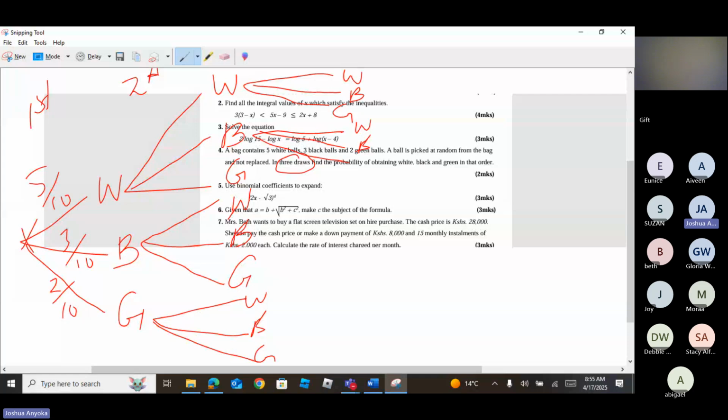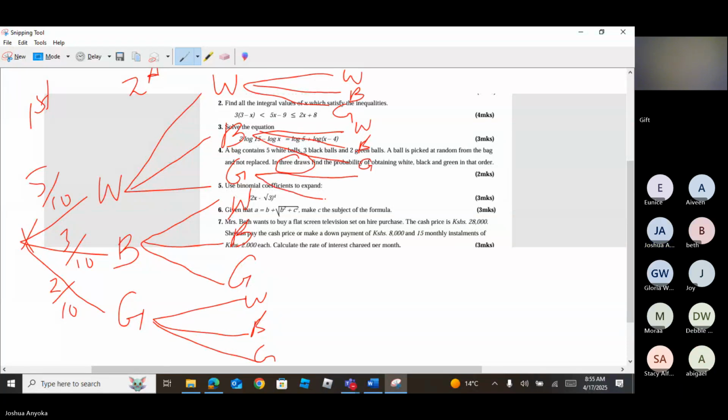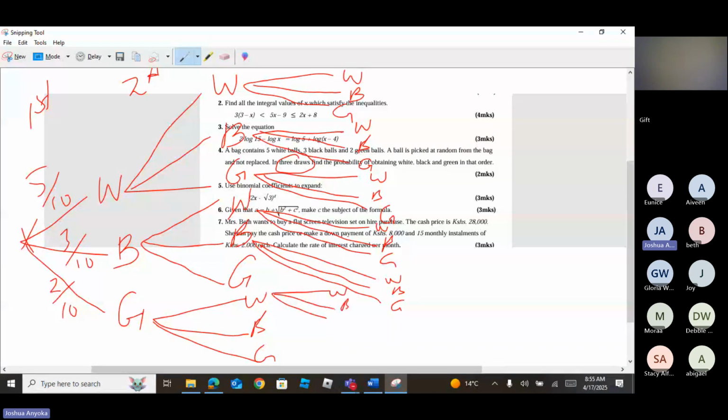White, black, green, and so on for each branch. It's a little bit chaotic.